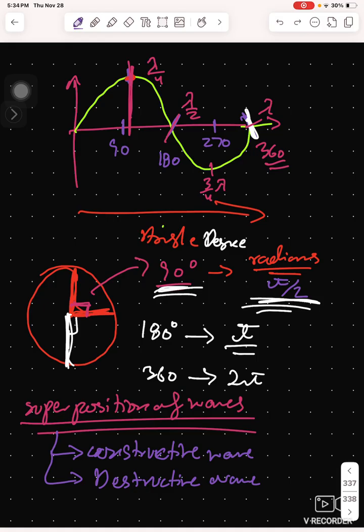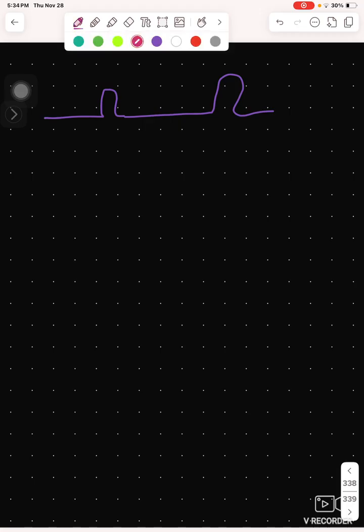So first of all, the first wave, which is constructive wave, is if we have two waves, and they're moving in the same direction.